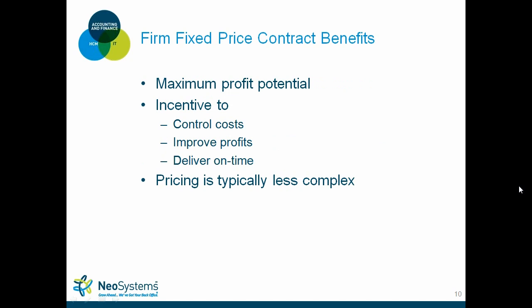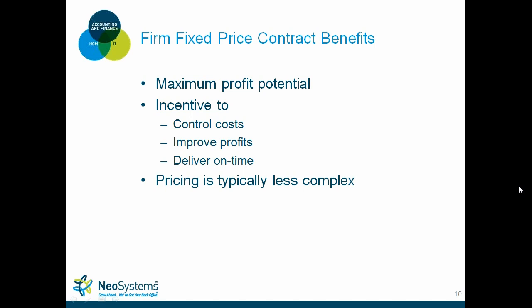So the benefit of firm fixed price is, again, maximum profit potential for you as a contractor. If you get awarded a $100,000 job and you bid, let's say, 8% on that job, you basically have $100,000 worth of funding, and you can set up your company so that maybe you can do the work for $75,000.